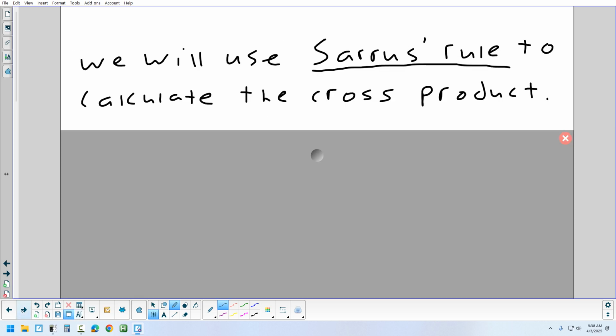The formula we're going to use is called Sarrus's rule. Sarrus's rule is a very specific rule for calculating the cross product between two vectors. There's a bigger concept happening involving determinants, but we don't get into that in this class.